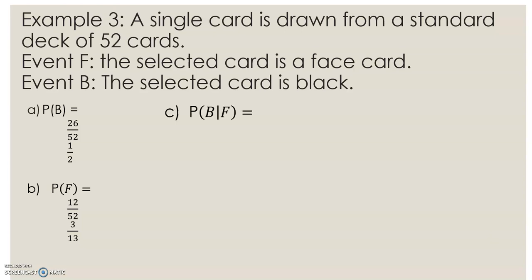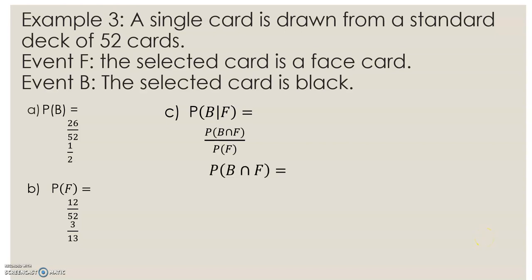The probability of choosing a black card given a face card is selected is the probability of the intersection divided by the probability of a face card.